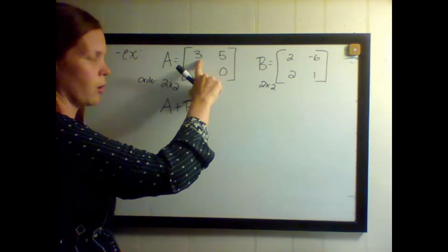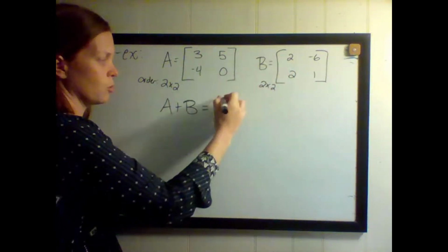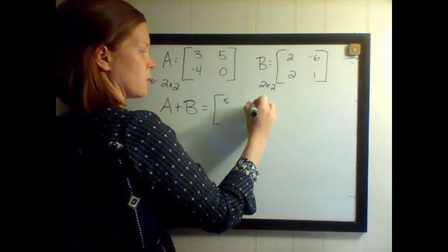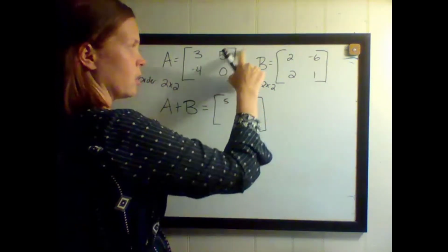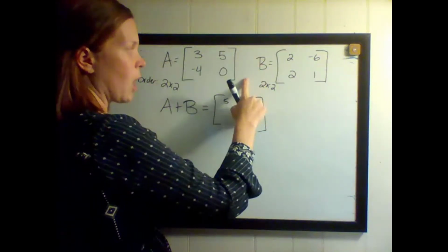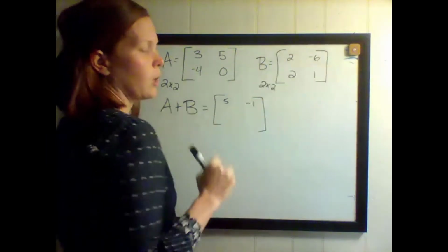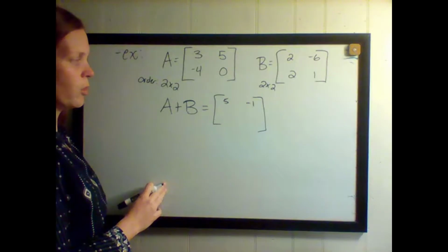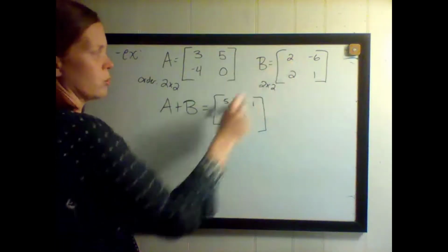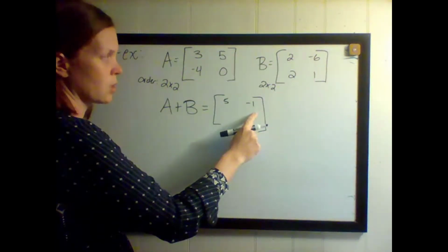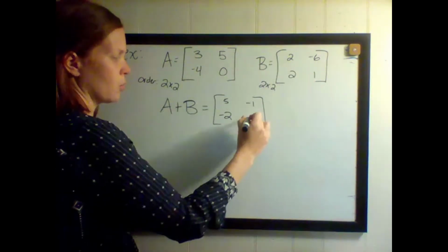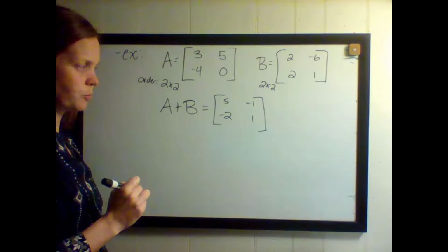Right now we're going to do 3 plus 2 is 5, 5 plus -6 is -1. If we had another column, there'd be nothing to add it to. So it only works if it's the same order with adding and subtracting. So 3 and 2 is 5, 5 and -6 is -1, -4 and 2 is -2, 0 and 1 is 1.